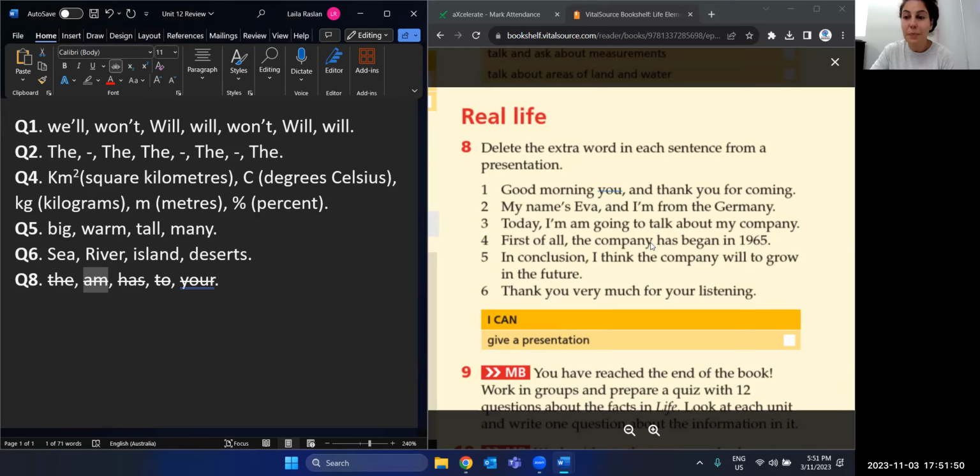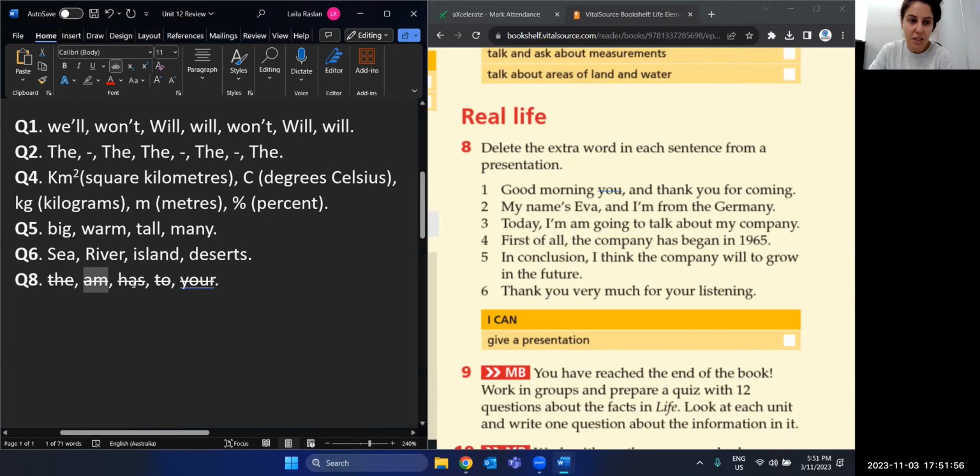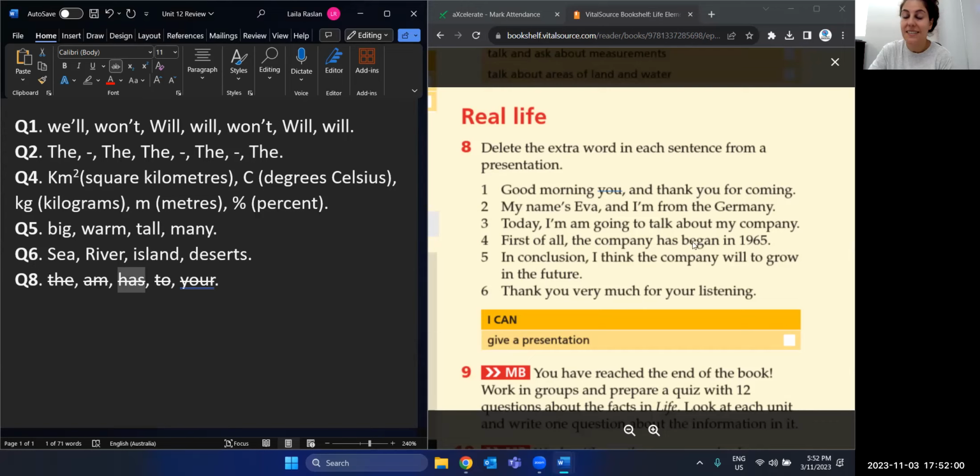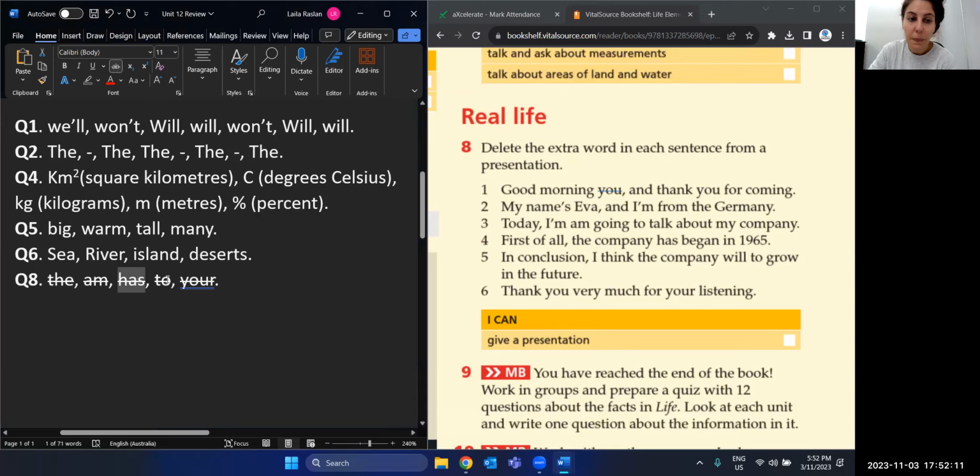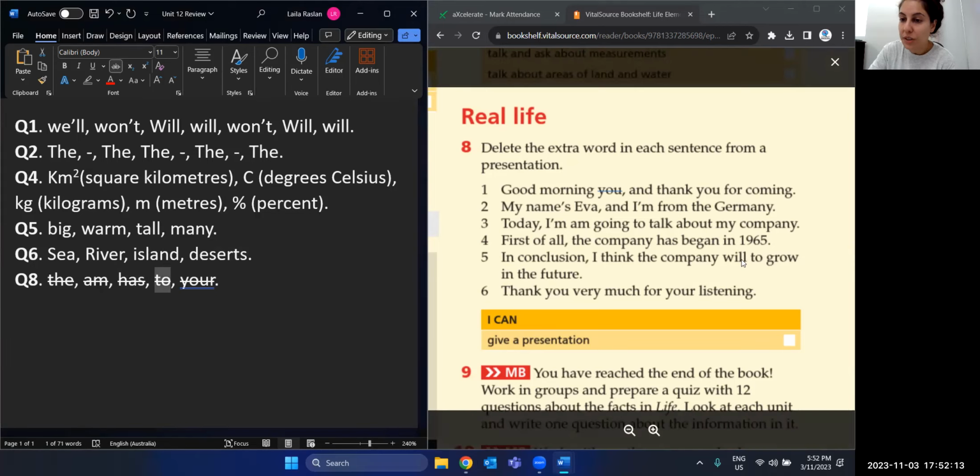First of all, the company has began in 1965. You don't need has because we're just using the simple past. The company started. The company began in 1965. In conclusion, I think the company will, after will, we do not have to, so it's just will verb, will grow in the future.